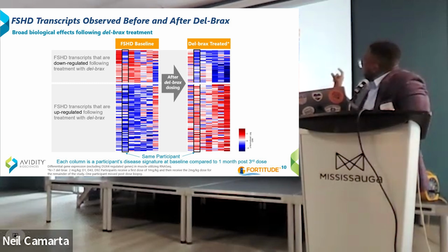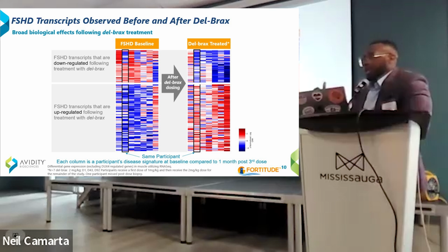In the top panel, the genes that were upregulated by DUX4 have now been downregulated. And likewise, in the bottom panel, the genes that were supposed to be upregulated, but because of DUX4 were downregulated, after we administer the drug are now upregulated. And these are all individual patients in the active arm that were showing the biomarker response.